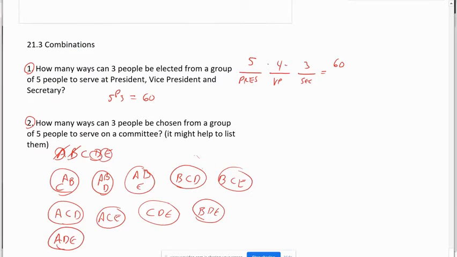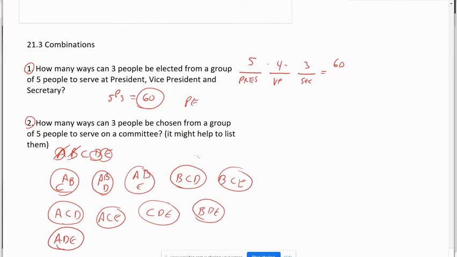when we're just looking for a committee, and the order doesn't matter. We're not assigning them to specific jobs. We just have these 10 different 3-person groups. So problem number 2 demonstrates what a combination is as opposed to a permutation. We said there are 60 different permutations. That's where the order matters. But this is an example of a combination where the order doesn't matter.